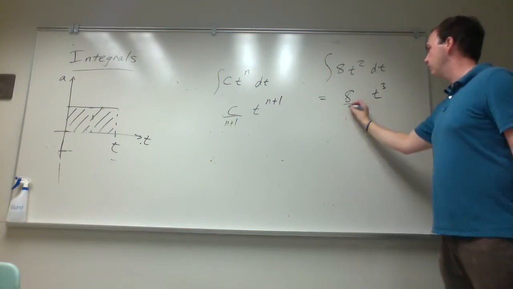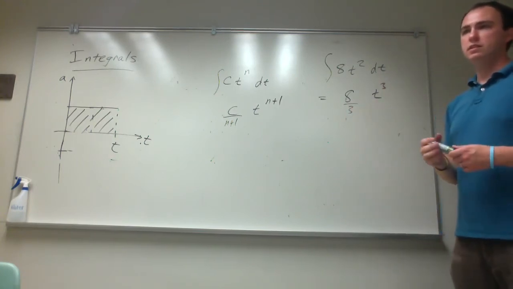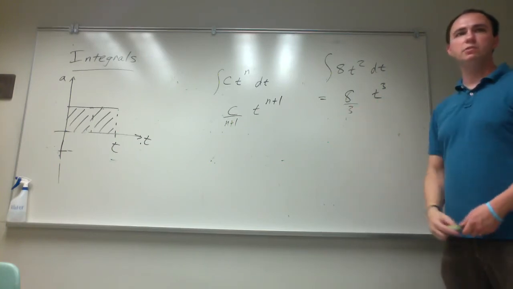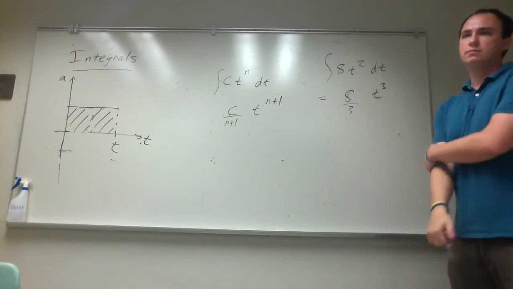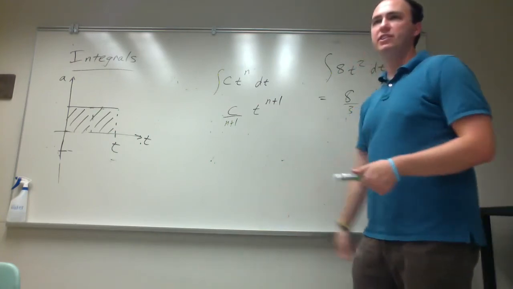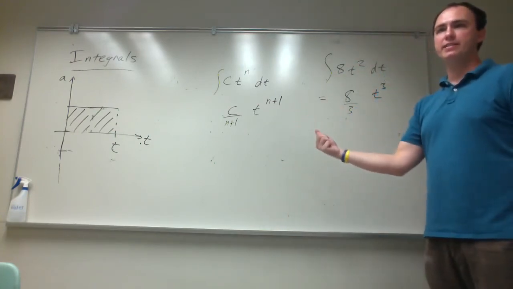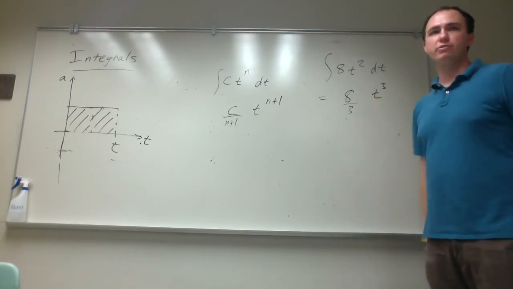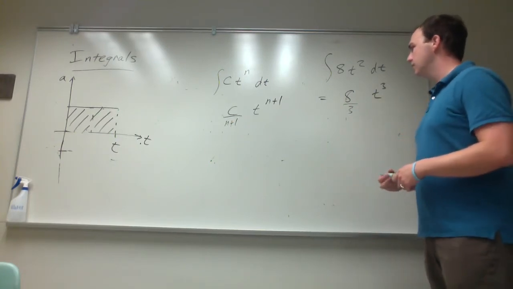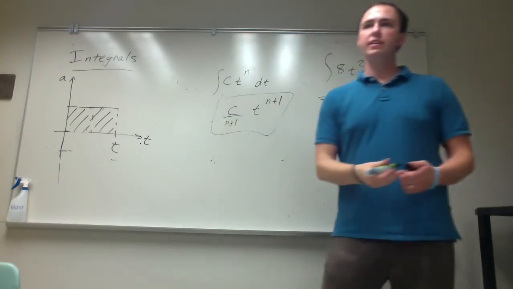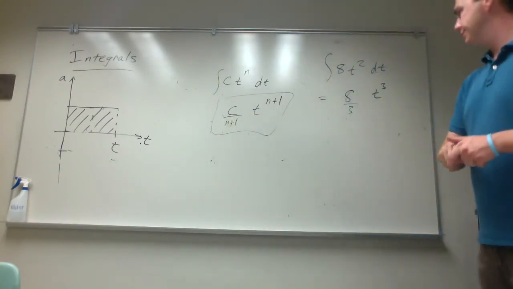So I need to divide by 3. So now when I take the derivative of this, I'll get 8t squared. So that's how I think of it. I add the extra power and then I say, okay, when I bring that down, what's the extra factor that I don't want? But this is a general formula that says basically that.